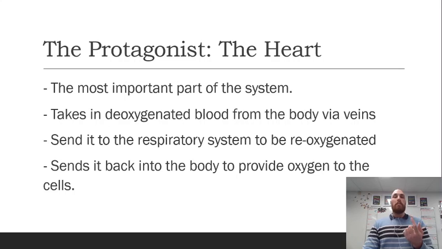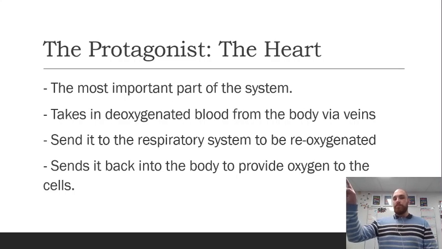So whenever we talk about the veins, we're always talking about deoxygenated blood. So first step, it takes the deoxygenated blood and passes it off to the lungs and the respiratory system to be reoxygenated, and then sends it back to the body to provide the oxygen for the cells. That's the main part of the heart.